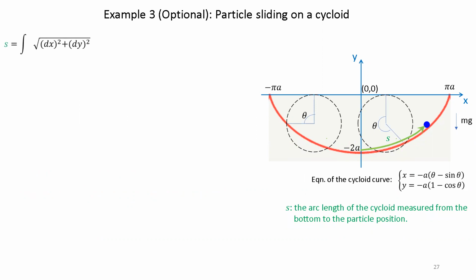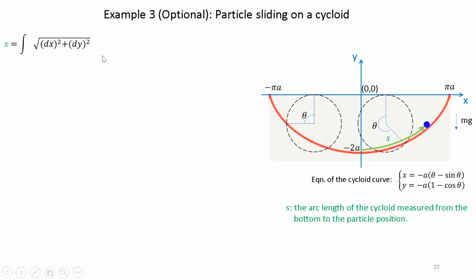Then to express y in terms of S, I need to calculate this arc length. This is S, and this is the integral of the square root of dx squared plus dy squared.